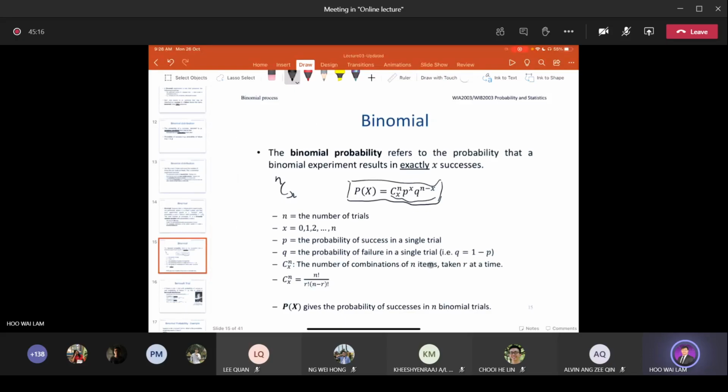Then this is the combination of n items taken r at a time. You have already learned about combination, so you're supposed to know this formula as well. And the probability of X gives the probability of x successes in n binomial trials. So this explains how the binomial equation works.